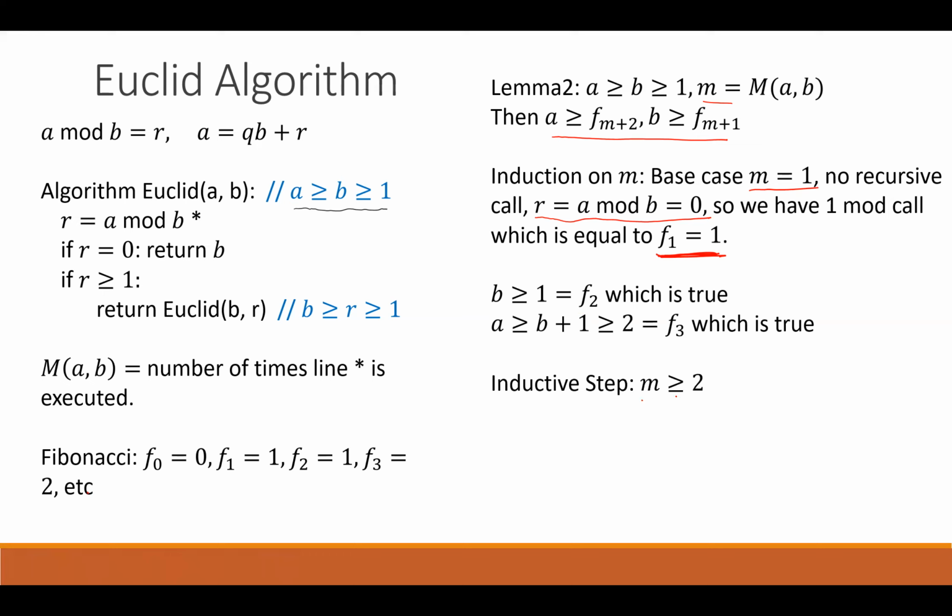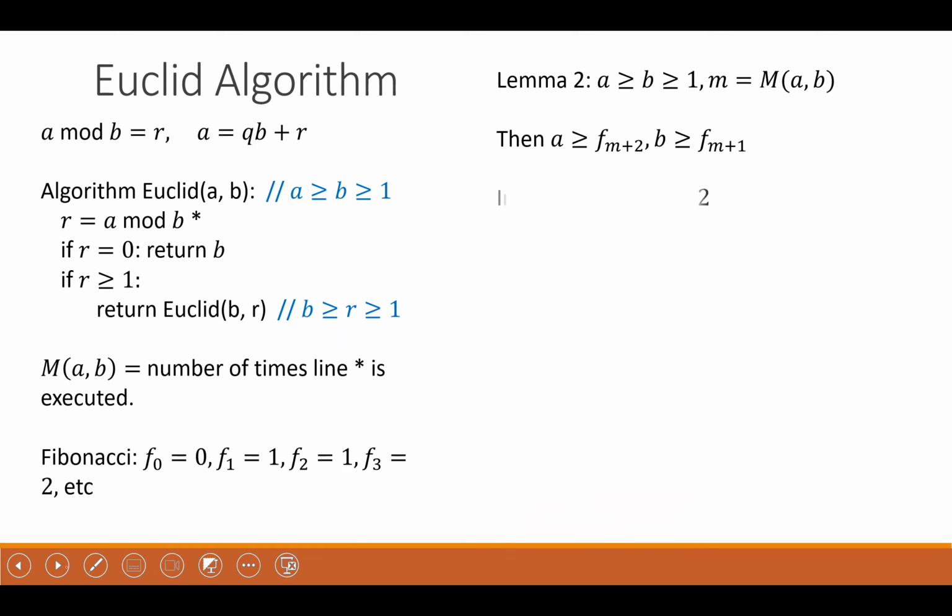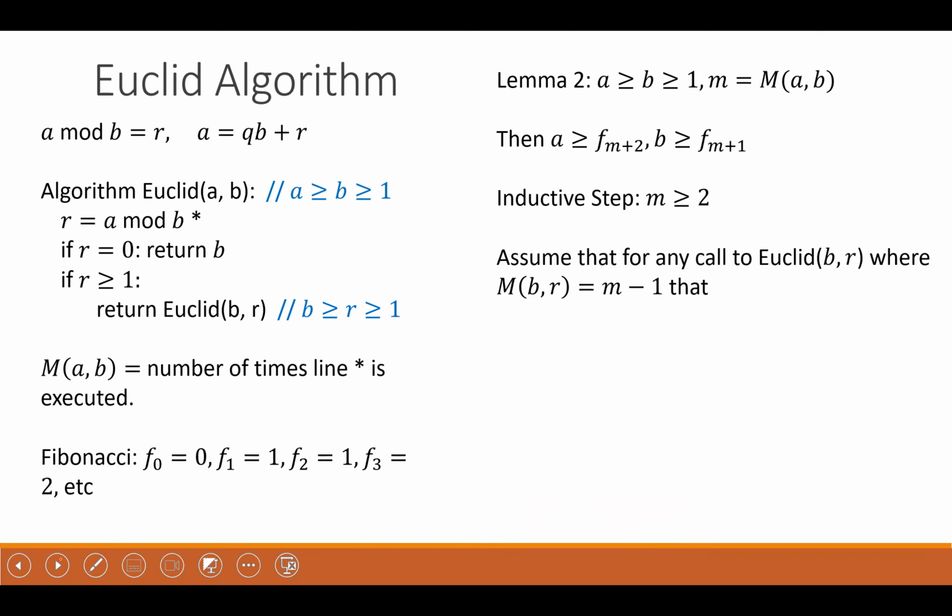So our inductive step, for M greater than or equal to 2: I'm going to make one call to my mod function here, and then I'm going to make M minus 1 recursive calls in total on this recursive call. M is by definition the number of calls I make to Euclid. By induction, I get that these two things are true.